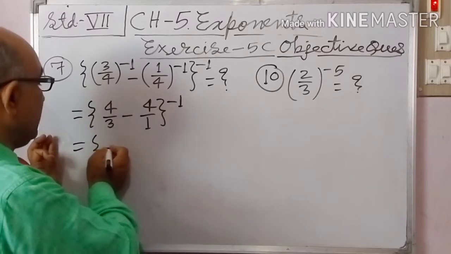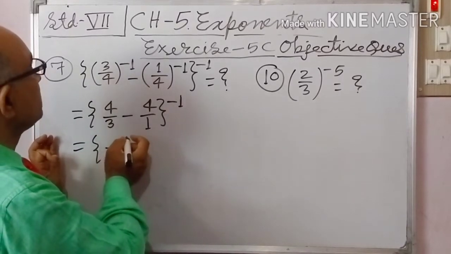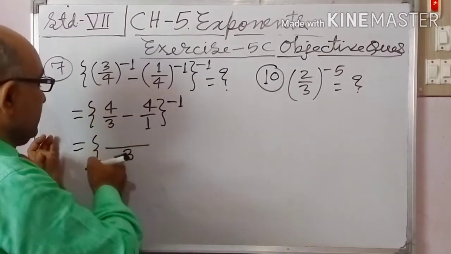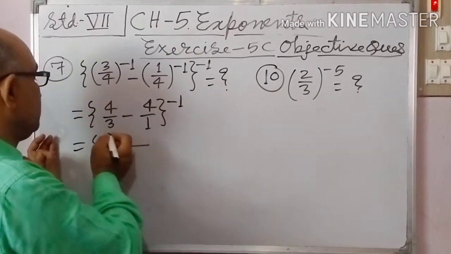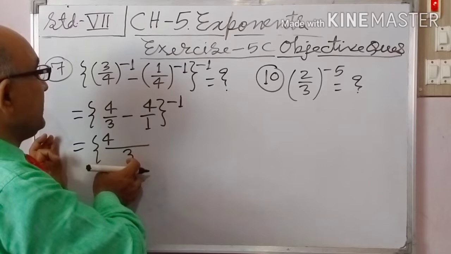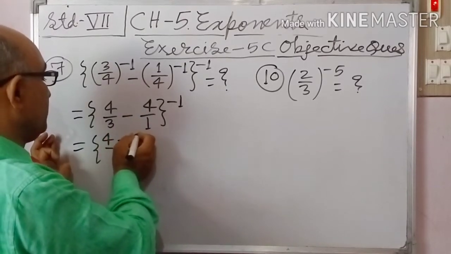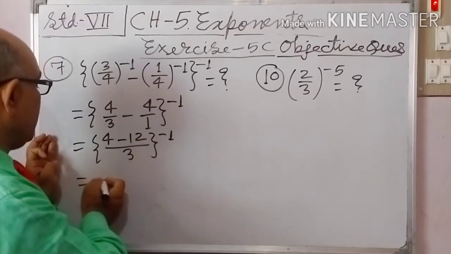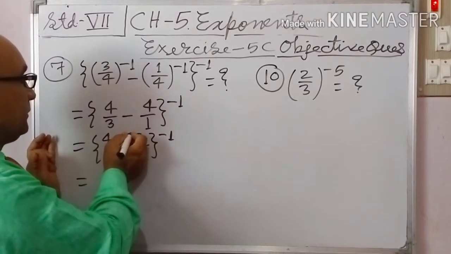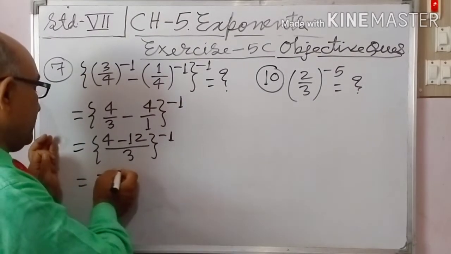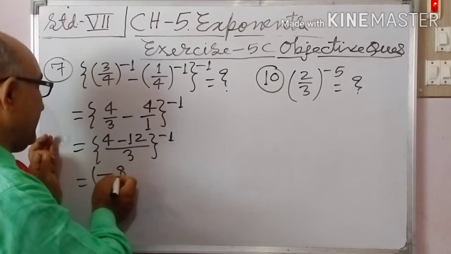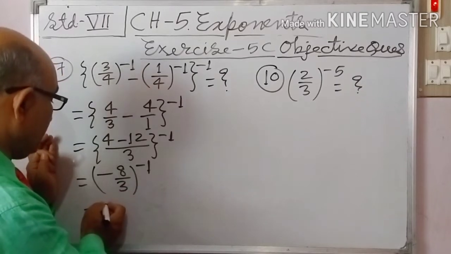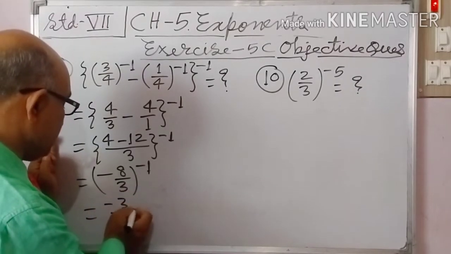Again LCM of 3 and 1 is 3. 3 ones are 3, 4 ones are 4, and 1 three is 3, 4 threes are 12. So 4 minus 12 to the power minus 1 equal to 4 minus 12, that means minus 8 by 3 to the power minus 1 equal to minus 3 by 8. Answer.